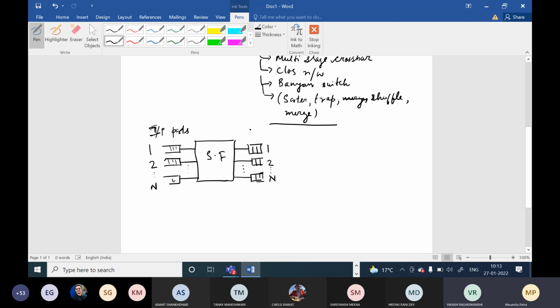Okay, so for this we need some arbiter, or we can call it a scheduler, which will schedule these packets which are there in the output ports. All right.